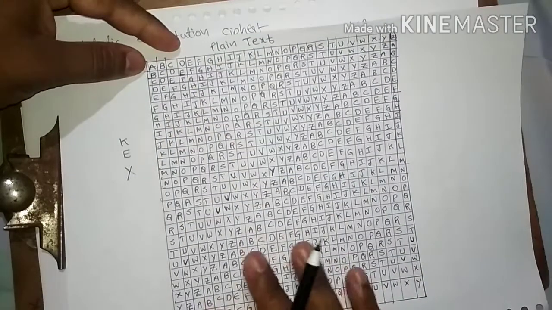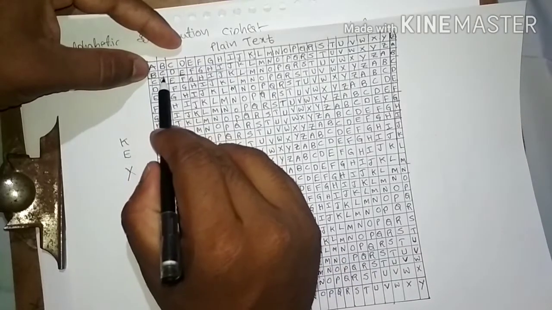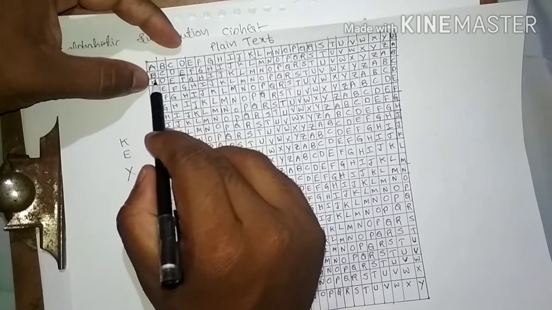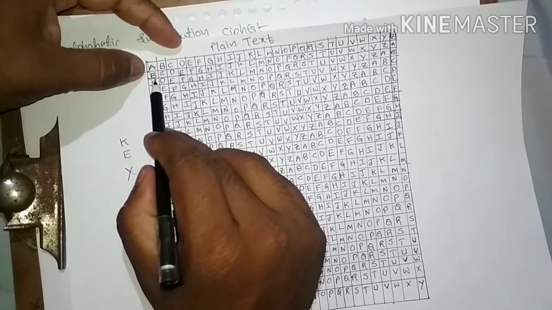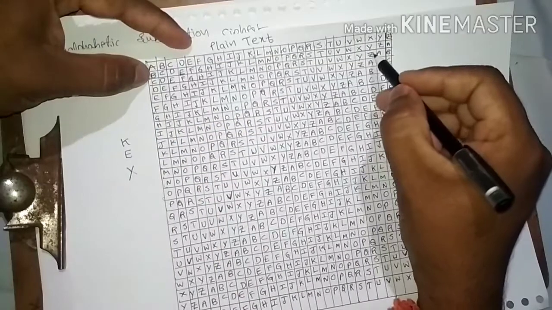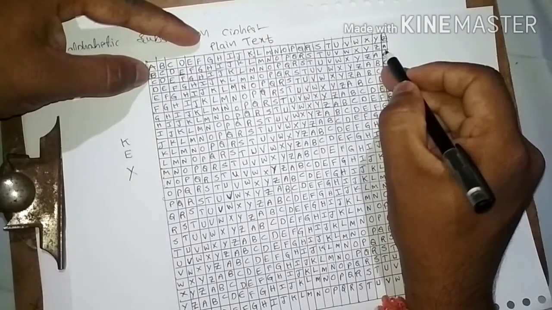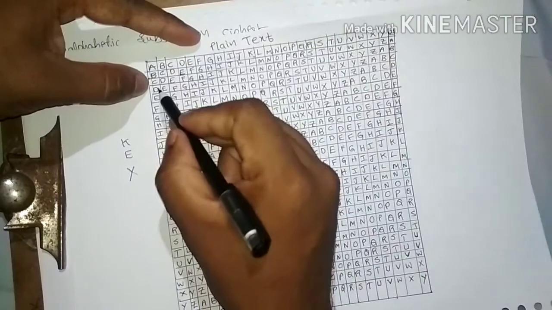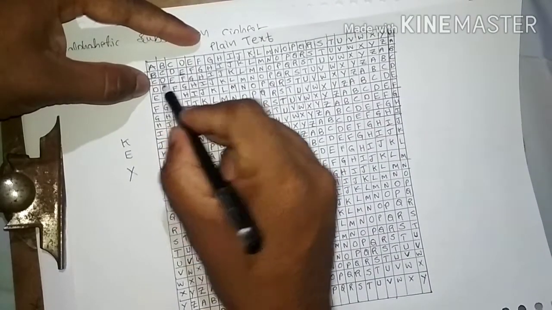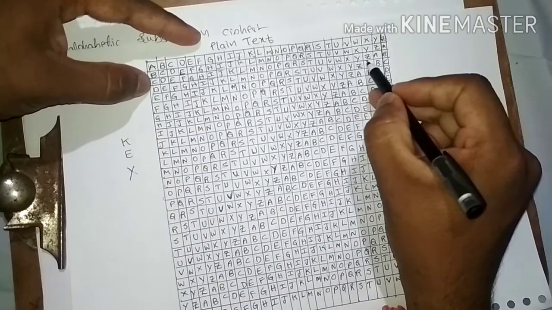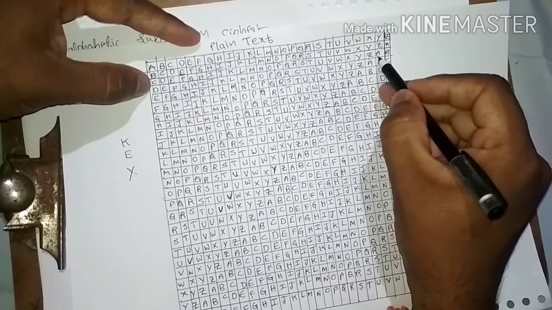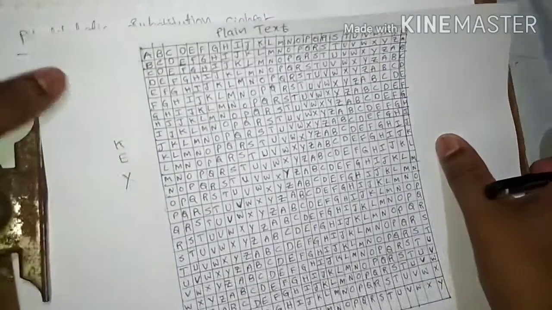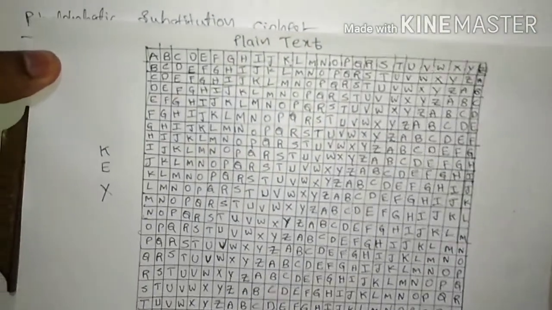Okay. Next, the second row starts from B. The third row starts from C. From B to Z, after completion of Z, the loop will repeat from A. The third row starts from C and ends with Z and then again A, B. Okay.